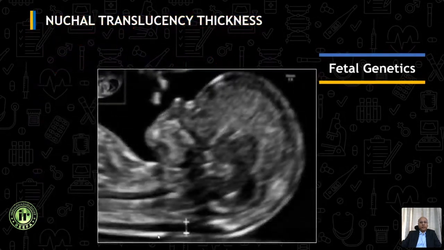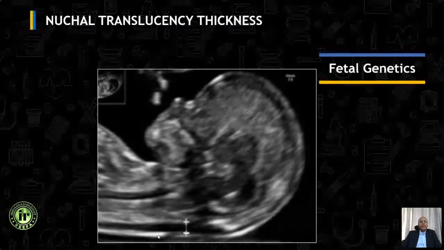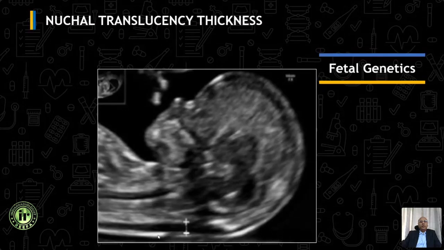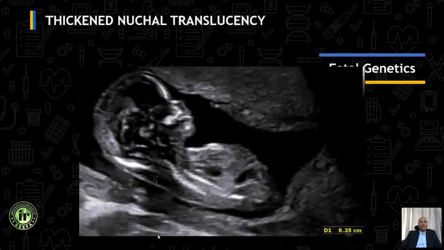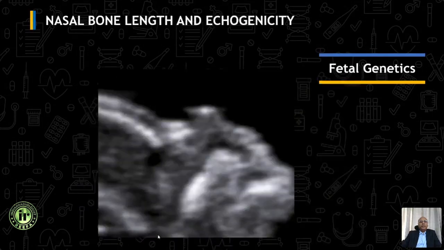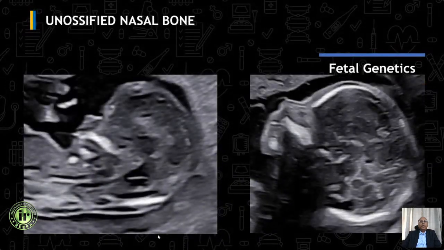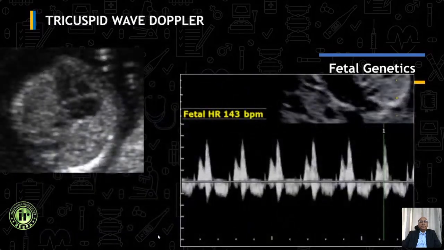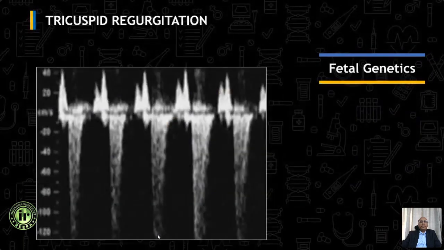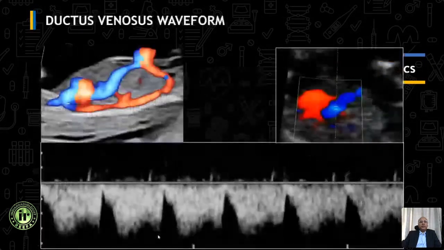We will quickly go through the markers of first trimester aneuploidy. This is normal nuchal translucency, and this is increased nuchal translucency. This is normal nasal bone demonstration, and this is unossified nasal bone. In the first trimester and in the second trimester, this is a normal tricuspid waveform with E and A waves without regurgitation, and this is a large pansystolic waveform from a tricuspid valve with regurgitation.